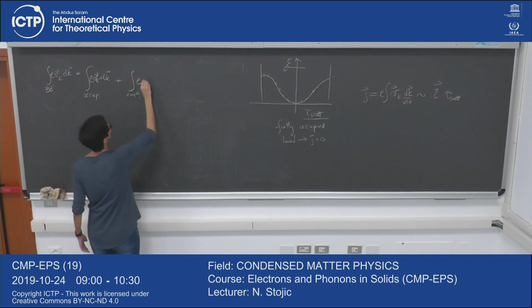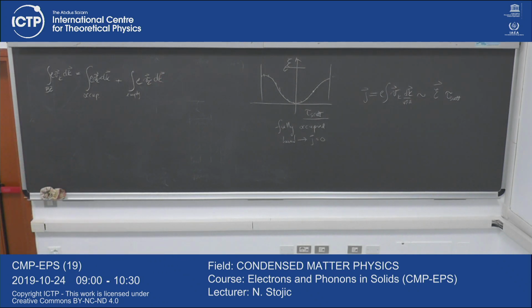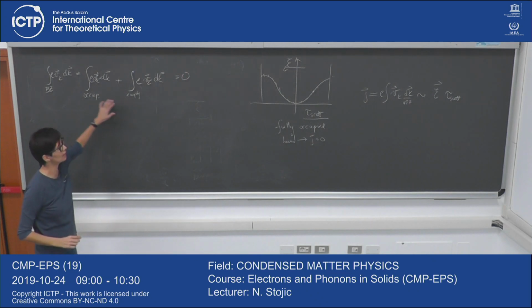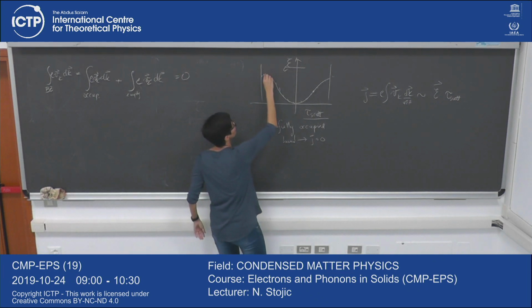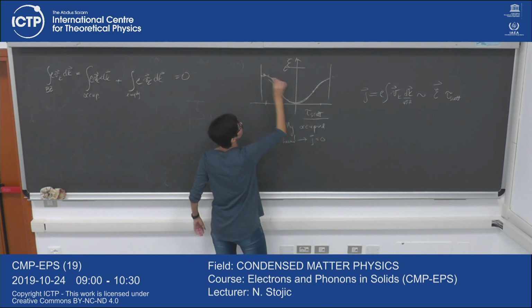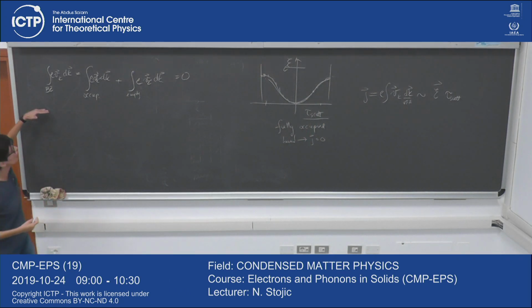I'm still taking into account the whole Brillouin zone. But I know that the current of all the states occupied is 0. Here I just made an artificial distribution: let's say I call occupied all up to here, and these I call empty. But actually it's just the name. I'm still going over the whole Brillouin zone, having the full band occupied. Just the name at the moment.